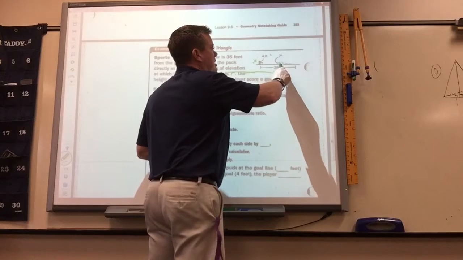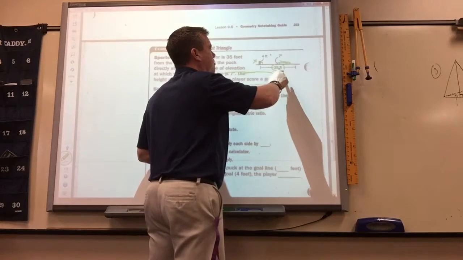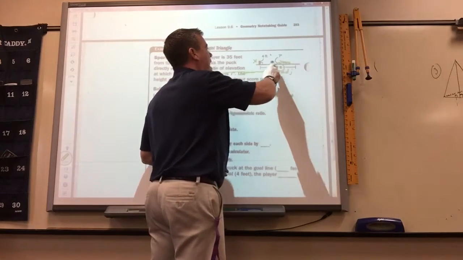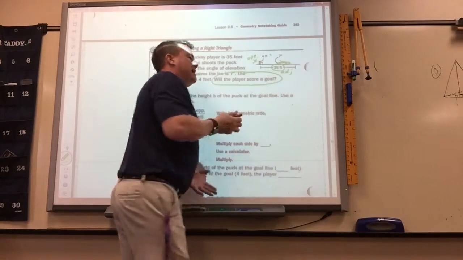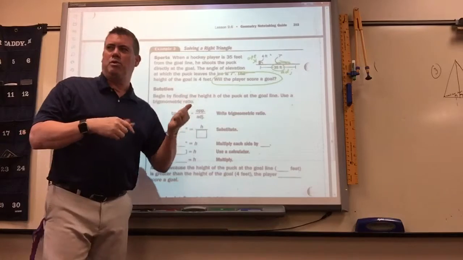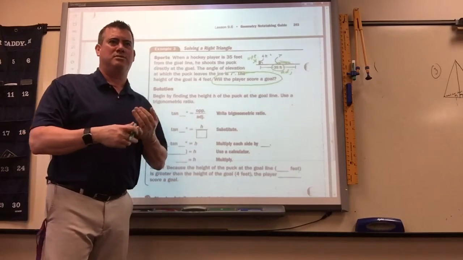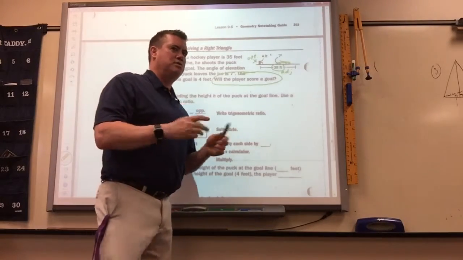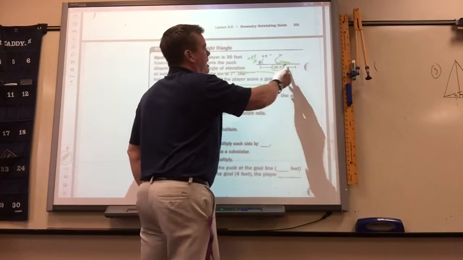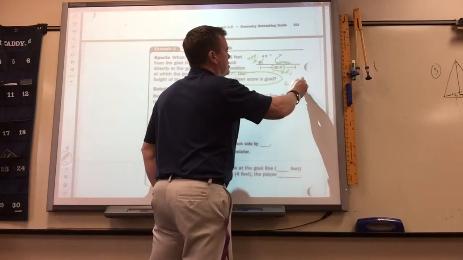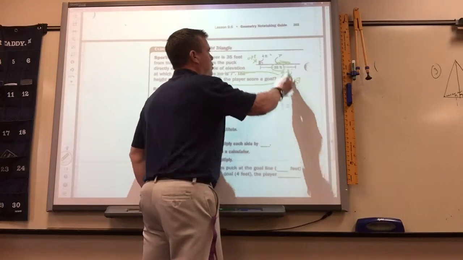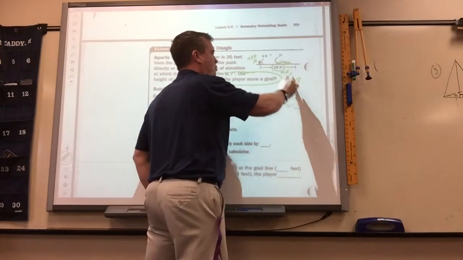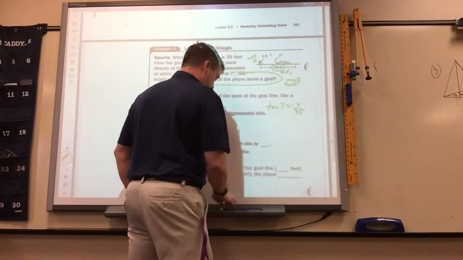So 7 is the angle. We know he's 35. That's adjacent. And what we're looking for is opposite. Like I told you before, in these real world problems, tangent is the one that's usually, most of the time, used. So we'd have to go tangent of 7 equals opposite, which we don't know, over adjacent, 35.